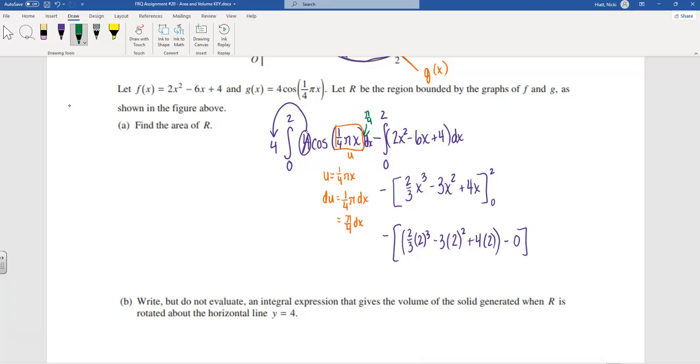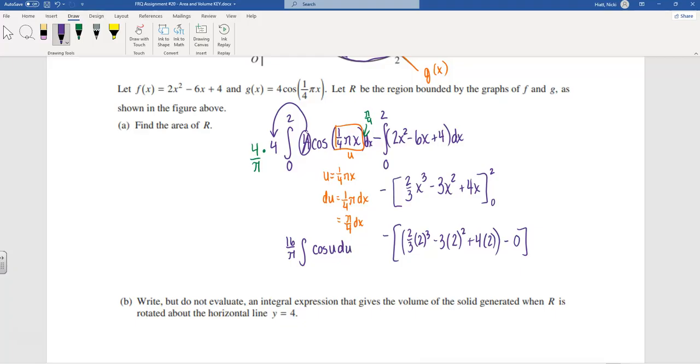If we put a pi over 4 here, what do we have to do on the outside? We have to multiply by 4 over pi. So we are going to get 16 over pi integral of cosine of u du. Now, you have two options here.